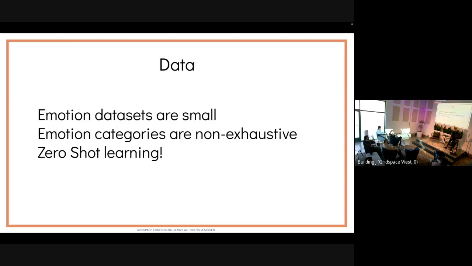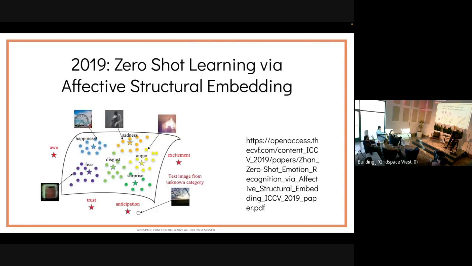There was this cool paper from 2019 that was using this kind of effective structural embedding. They actually had a mid-level representation using adjective-noun pairs. They were using their model to learn the features that went into those adjective-noun pairs. This was for images as well, but same thing.